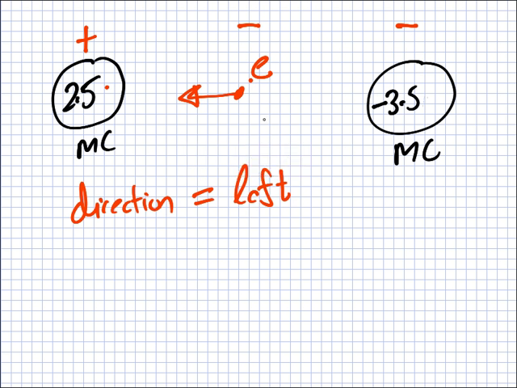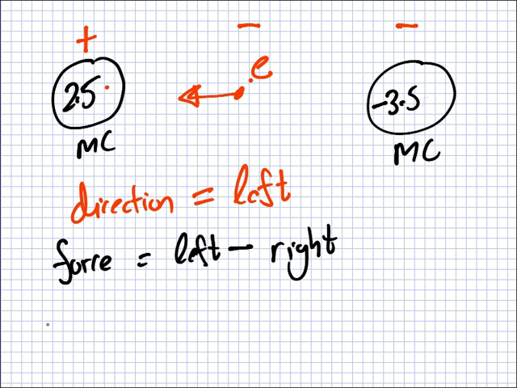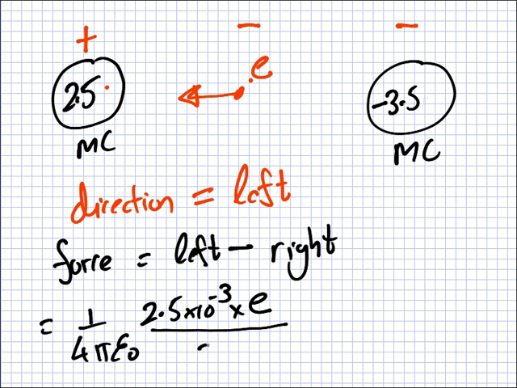Yeah, okay. So then the next part we'll calculate is the force. So that would be the force left minus the force right. Okay? So that would be 1 over 4 pi epsilon 0, 2.5 times 10 to the minus 3 times e over 25 millimeters, because it's in the middle.